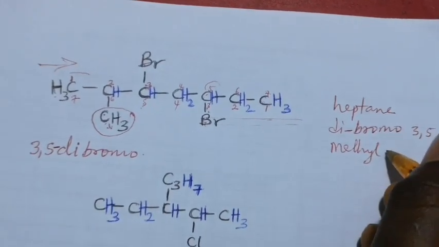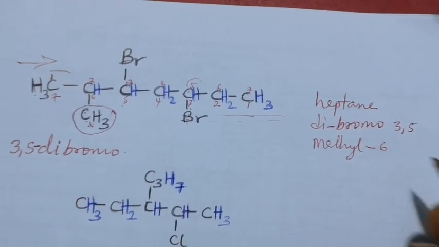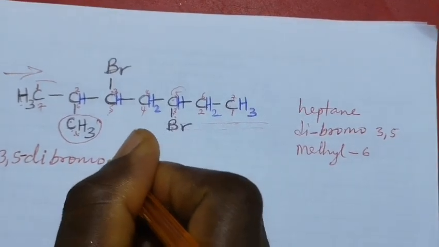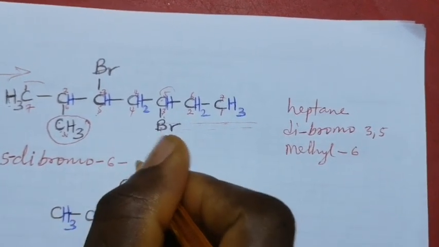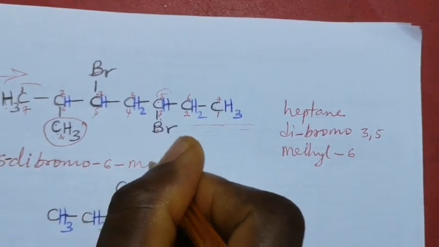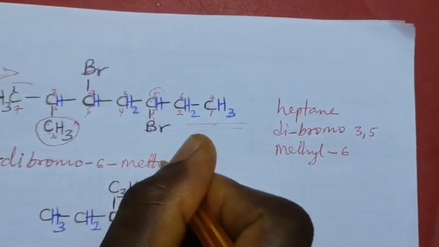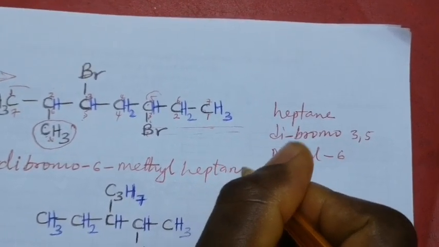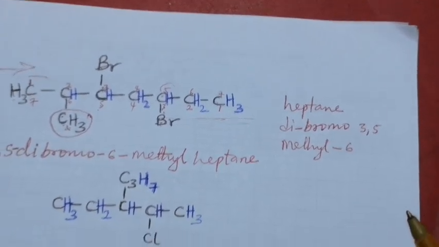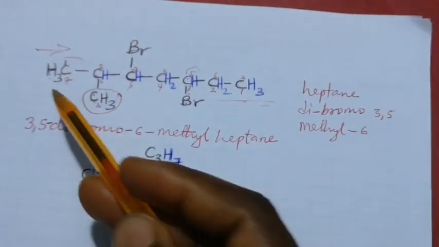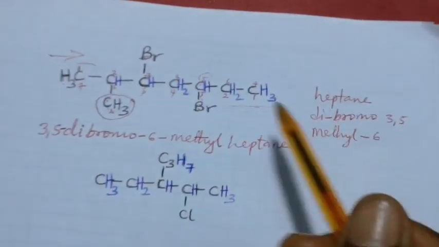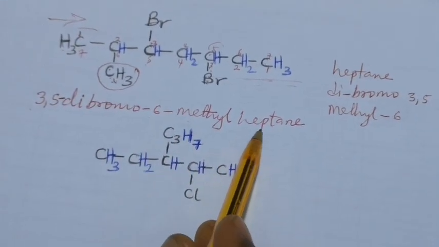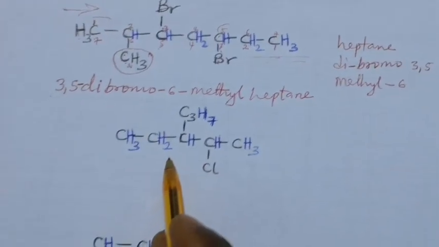Our methyl is at 6, so it's going to be 3,5-dibromo-6-methylheptane. Okay, that is for this compound. So the name of this compound is 3,5-dibromo-6-methylheptane.